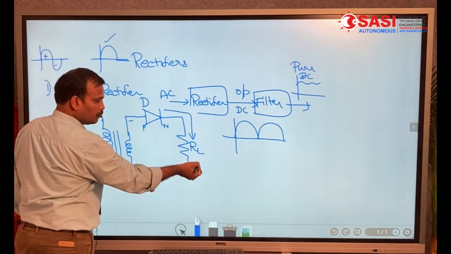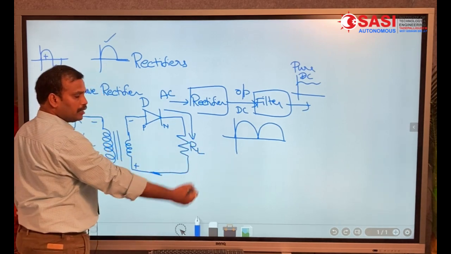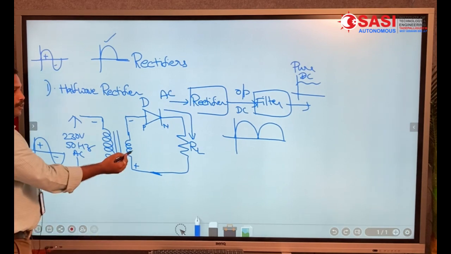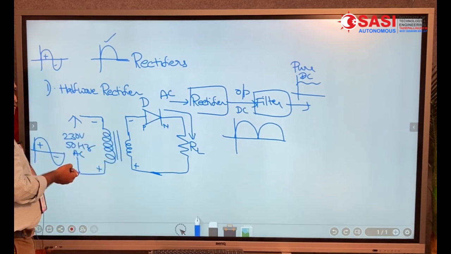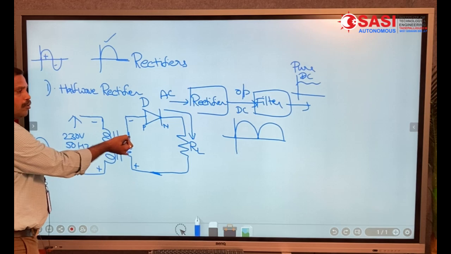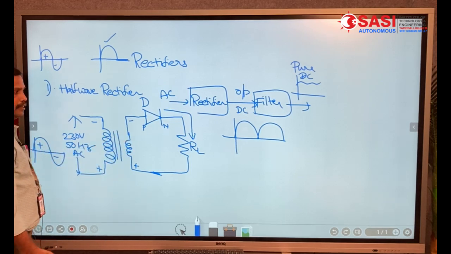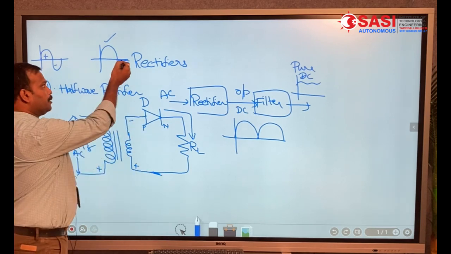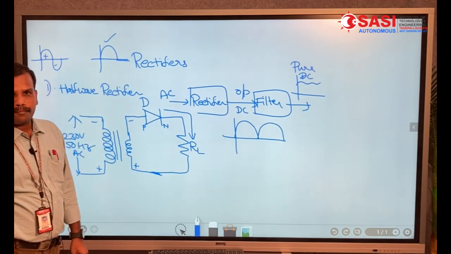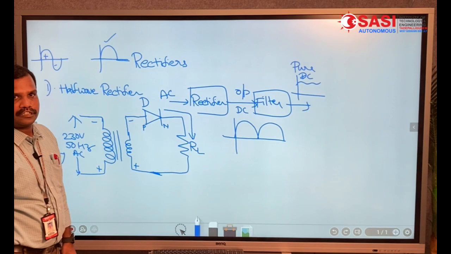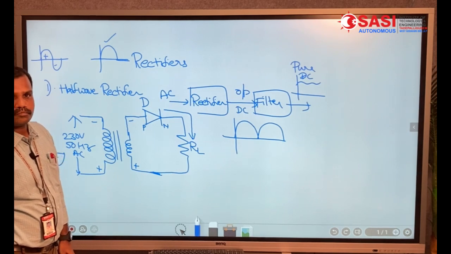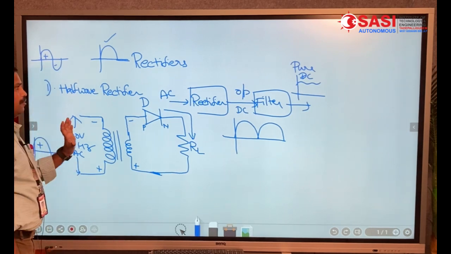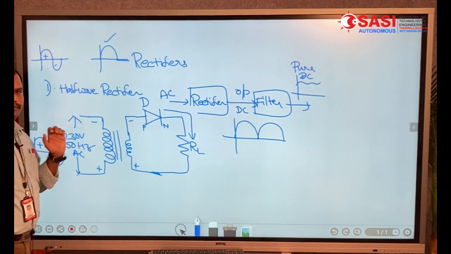Hence no output will be developed across the load resistor. Therefore, in the half-wave rectifier, for the negative half cycle, no output. Means only for the positive half cycle we will get the output. For the negative half cycle there is no output because the diode is in the reverse bias condition. This is the working of the half-wave rectifier.